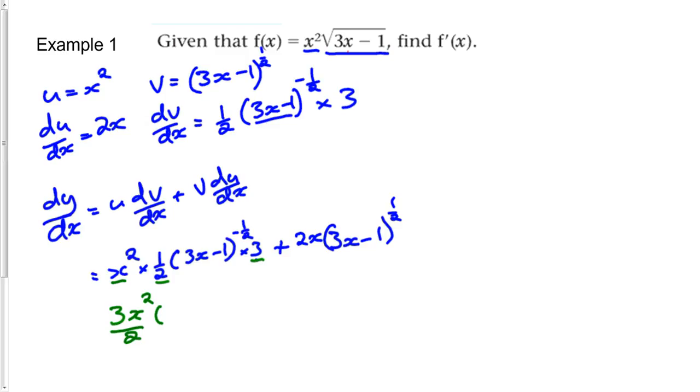And because this is the power of minus 1/2, what we can do is put it on the bottom. So I have the square root of 3x minus 1, plus 2x times 3x minus 1 all square rooted.